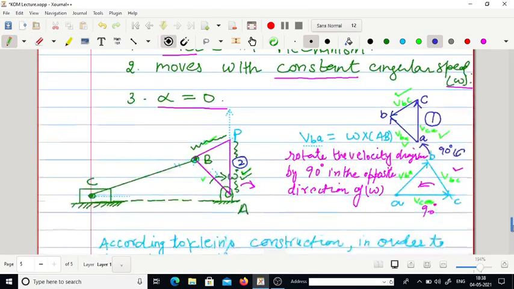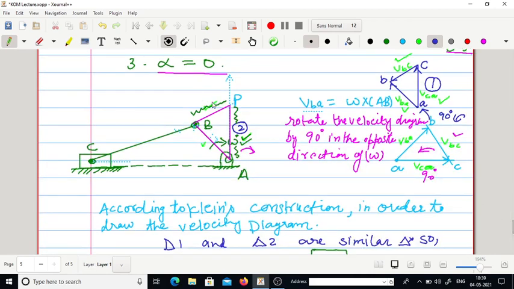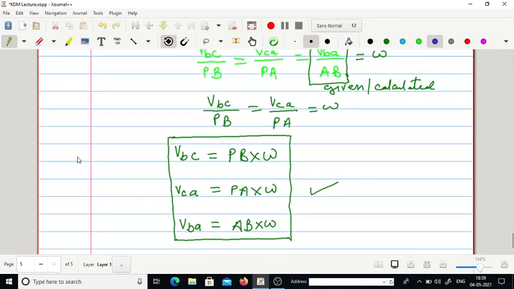With the help of this method we successfully drew the velocity diagram for this slider crank mechanism, and by using the similar triangle law or theorem for the constructed velocity diagram and the one obtained by using the relative velocity method, we found some relations to find out the velocity of different points of the slider crank mechanism.